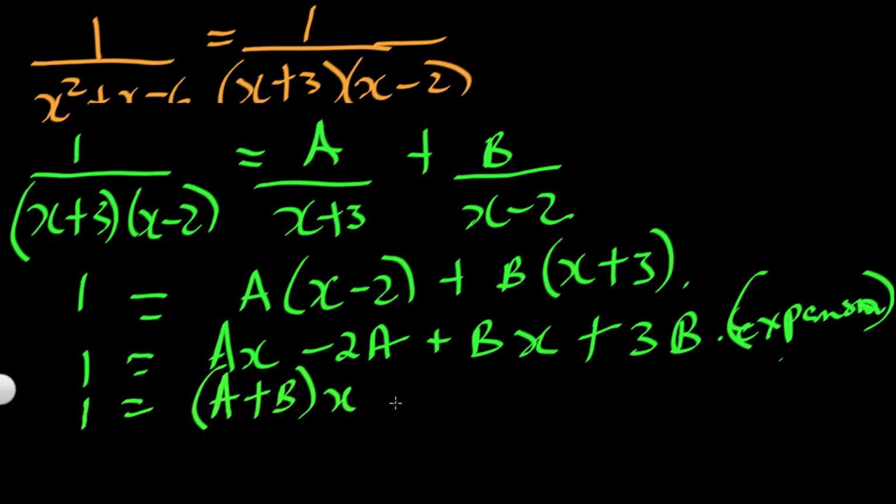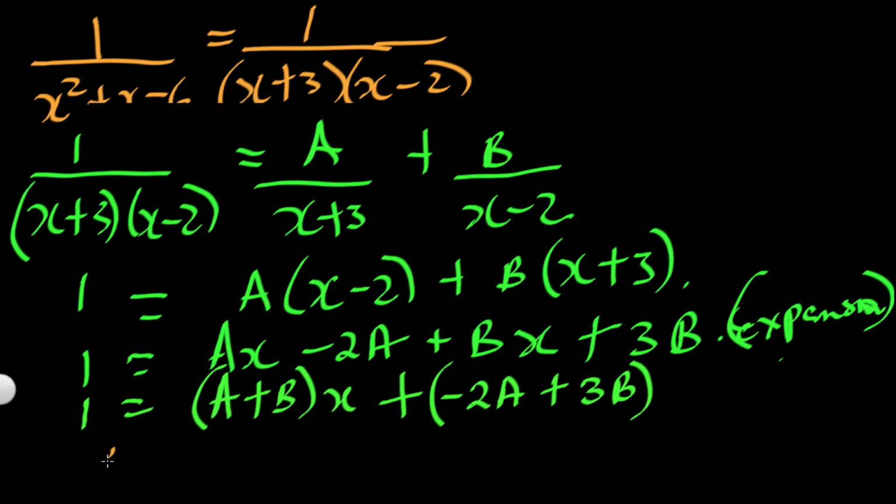Then we go to say plus everything. These minus 2a and plus 3b are constants. So plus minus 2a plus 3b. These are constants. I'm grouping them together. So it doesn't matter if you have x squared, x cubed, whatever it is, you can group the like terms together in this format. Then from here, you're going to compare coefficients.